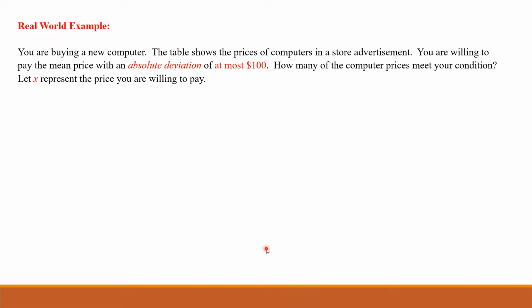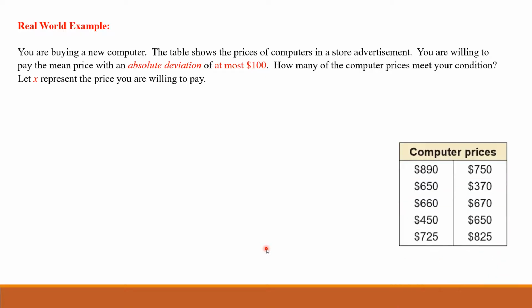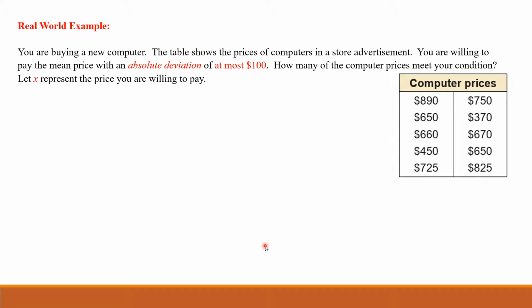So in a real-world example, let's say you're buying a new computer, and the table shows the prices of computers in a store advertisement. You're willing to pay the mean price with an absolute deviation of at most $100. How many of the computer prices would meet your condition? We're going to let x represent the price that you're willing to pay.